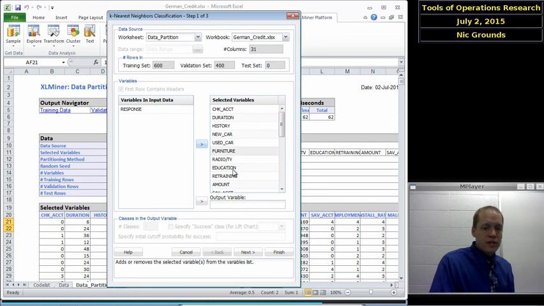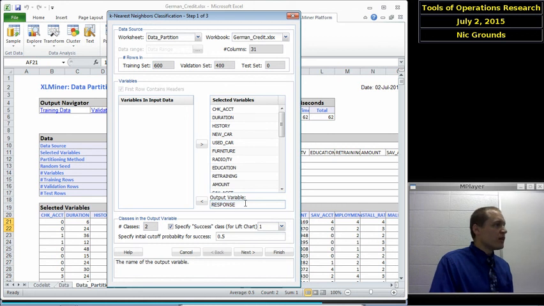So it's going to use any pattern it can find throughout all these fields of the records. And then the response I want to be the output variable, so just select it and click the arrow button. So again, any pattern in all those other fields that would help me understand or predict the response field, getting a loan or not, is what I'm doing.